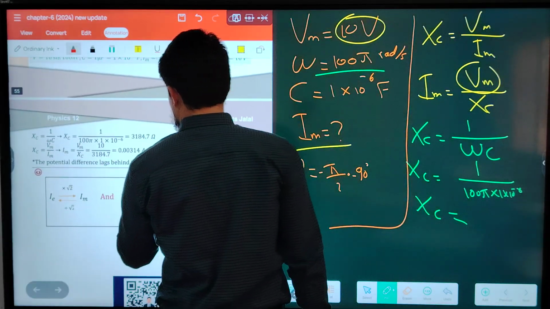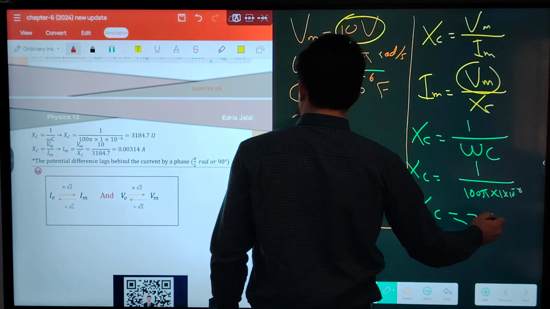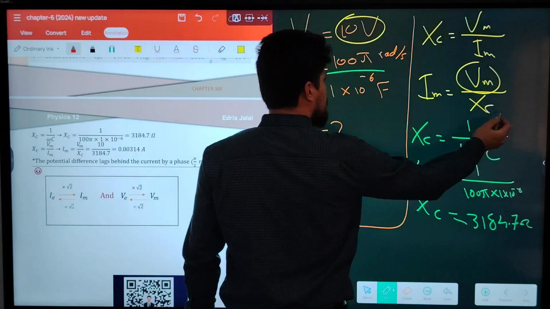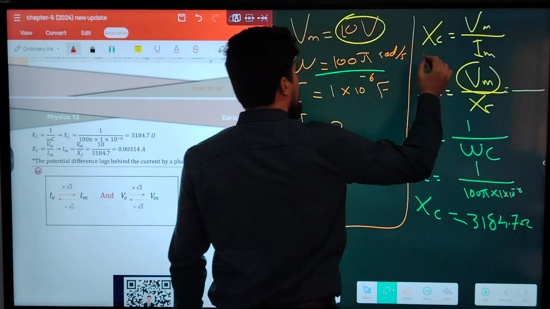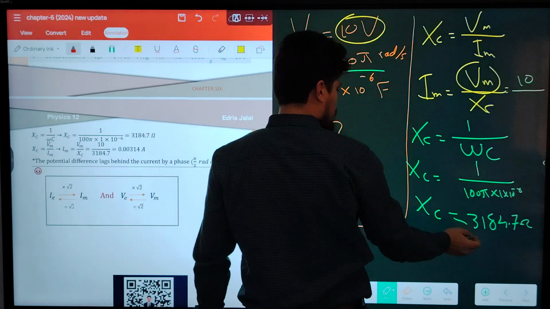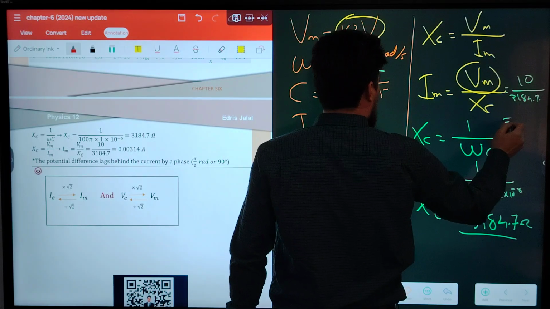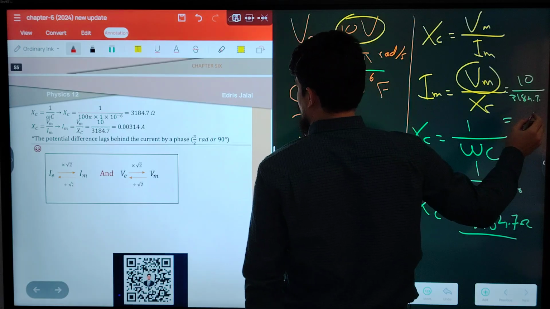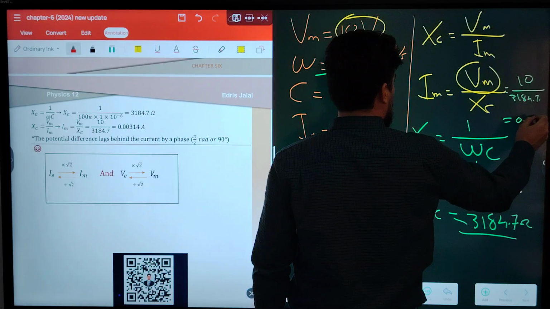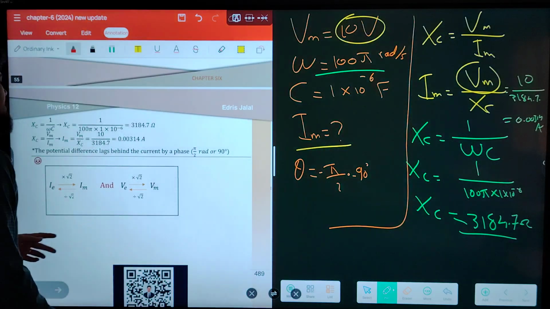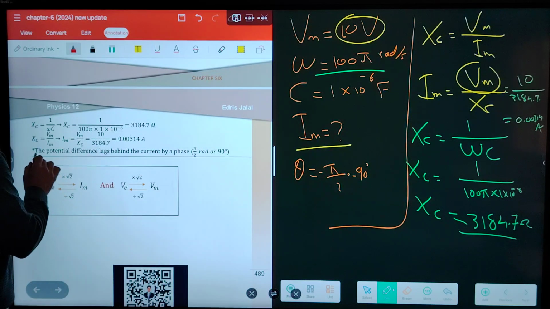By calculator, XC is 3184.7 ohm. Replace into this equation: Vm 10, XC we didn't have, but we found. Im is equal to what? 0.00314 ampere.